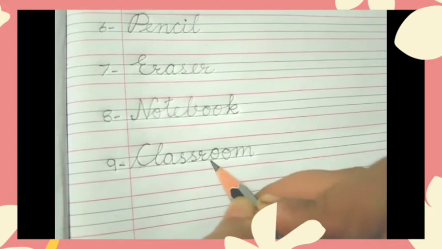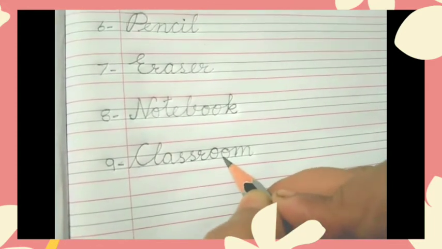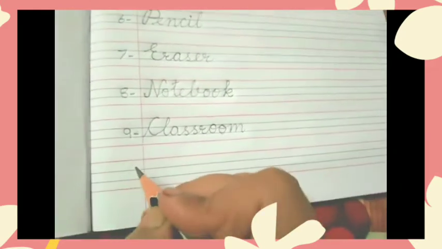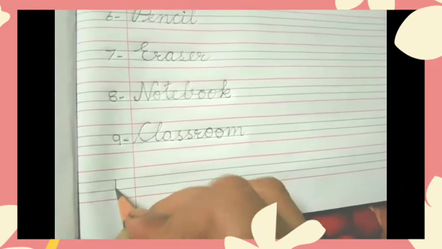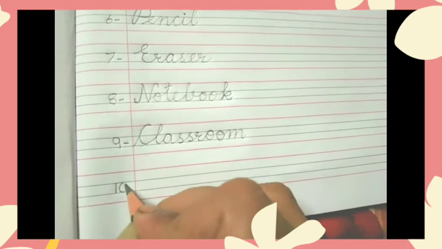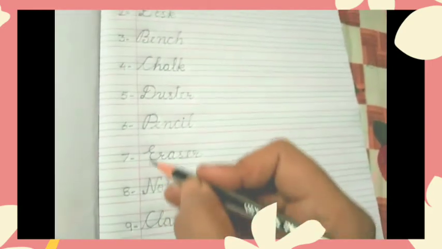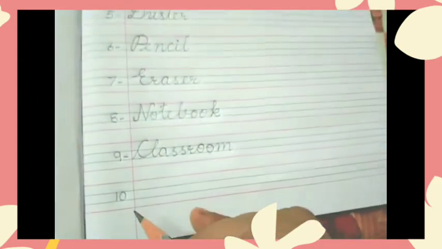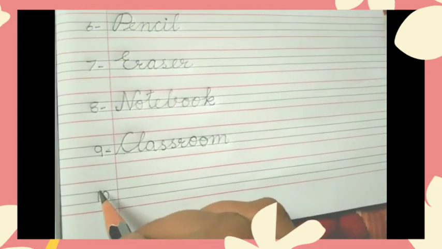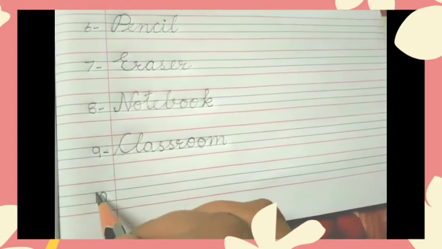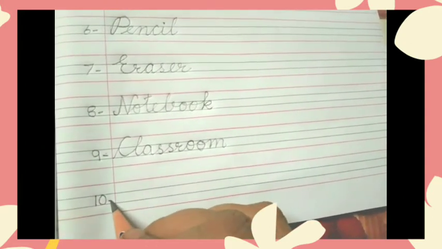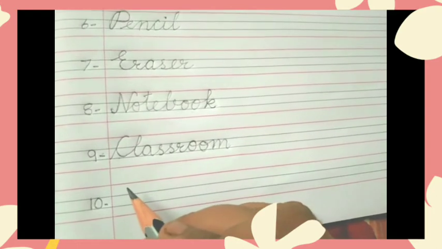CLASS, class, ROOM, room, classroom. After 9, 10. Children, you will make all these numbers very small. Okay? Small. In the between line, you have to write these numbers. 1, 0, 10.